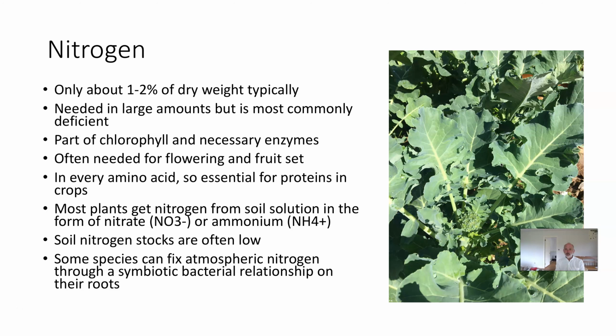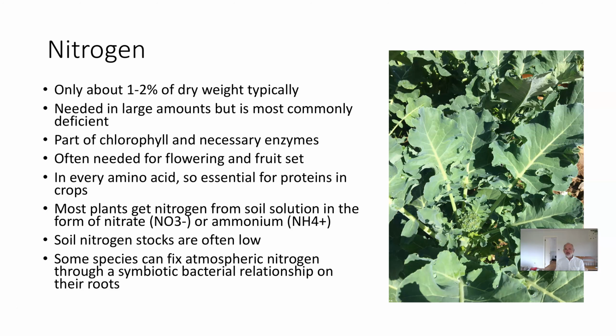And in terrestrial plants, like most agroecosystems, it's the most commonly deficient nutrient. That's partly because there aren't large supplies or stocks of it in natural systems, and we're reliant on what flows through the system rather than stocks that are in the system.